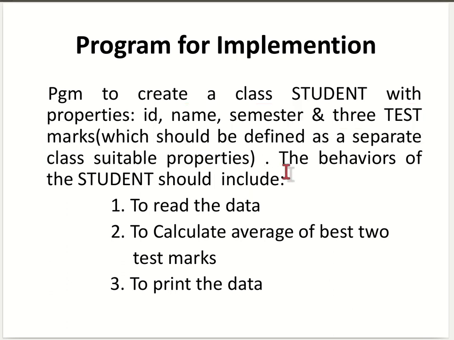It must contain the behavior, that is, the functions: functions to accept the data, calculate the average of the best 2 test marks, and print the data. I hope you will do it at home, and let me hear any doubts related to this, or let me see any programs you have done.